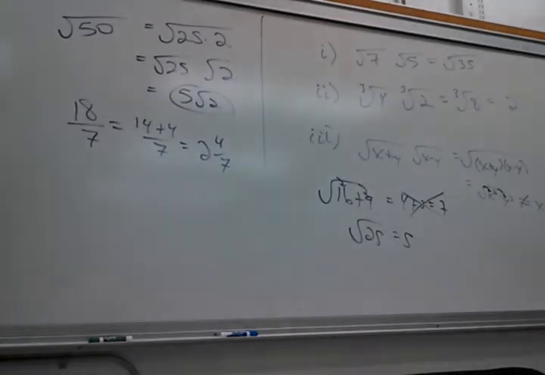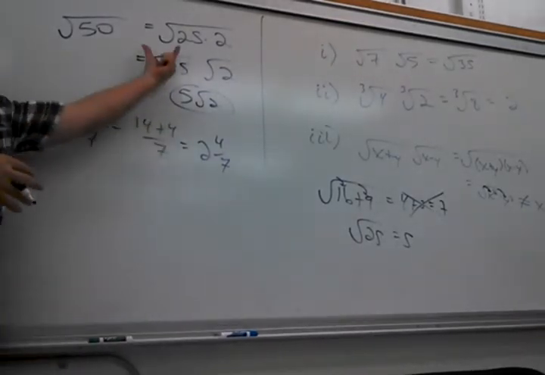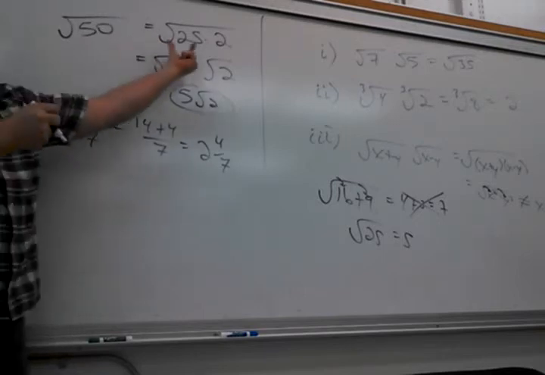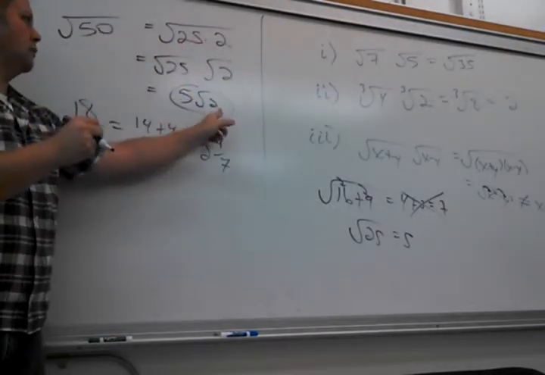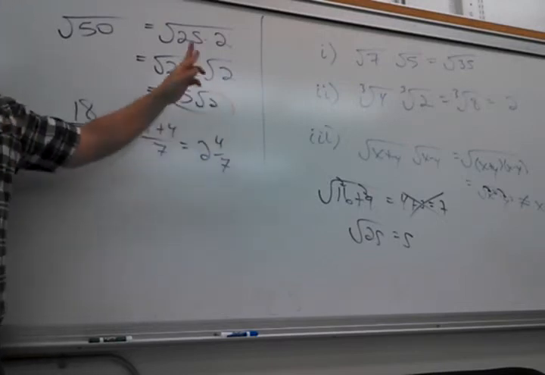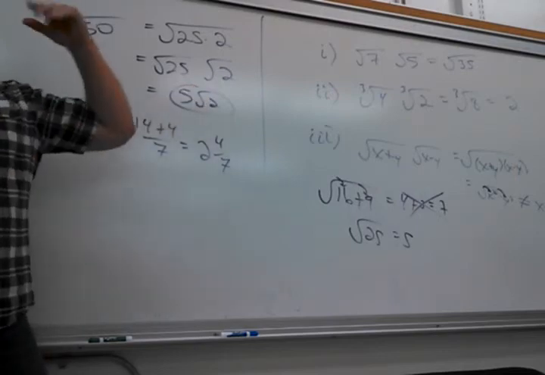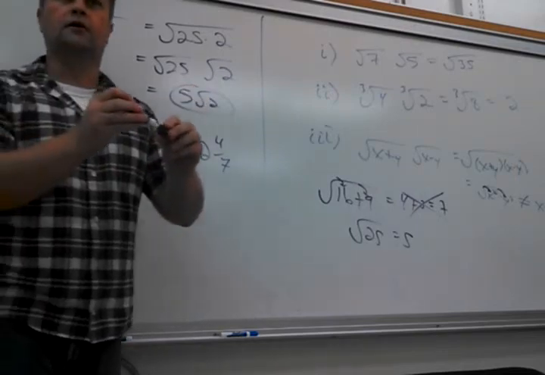That's how you change into a mixed number. But shouldn't that feel a lot like what we're doing? I can't do 50, but I can do a part of 50 and leave the other part stuck over the thing, or under the thing in this case. So this is simplifying a radical is what they'll say. I might say reduce the radical, or something like that when I talk about it.